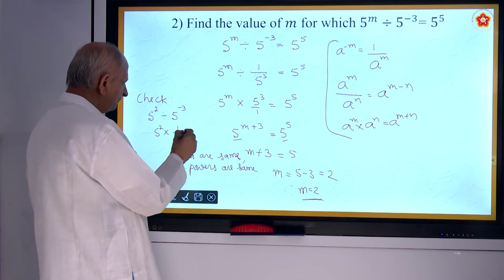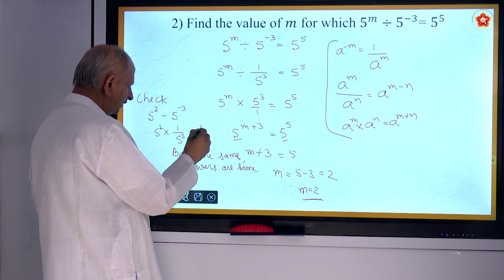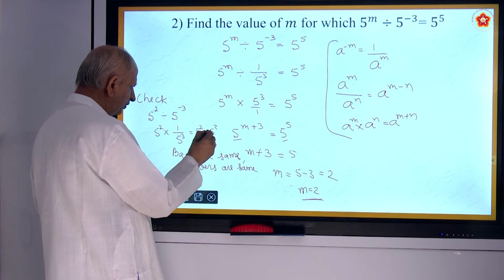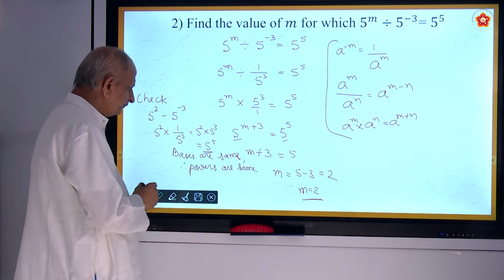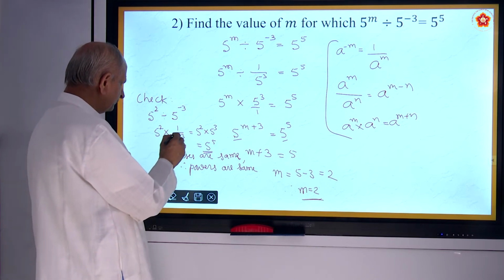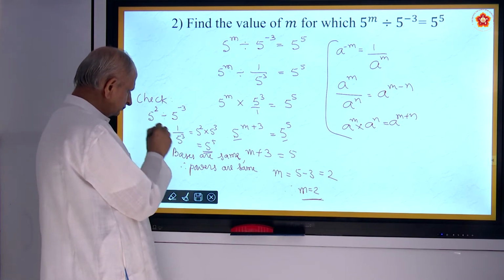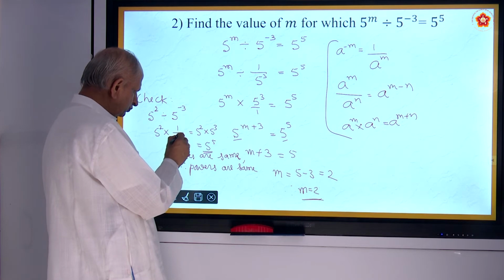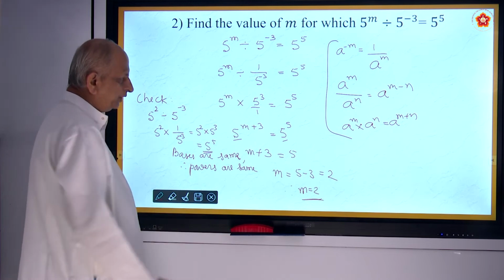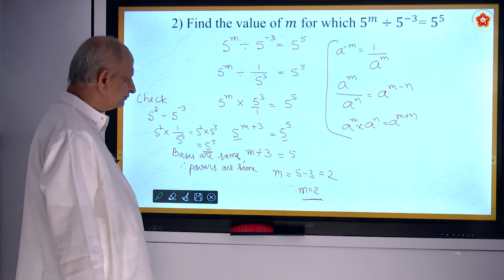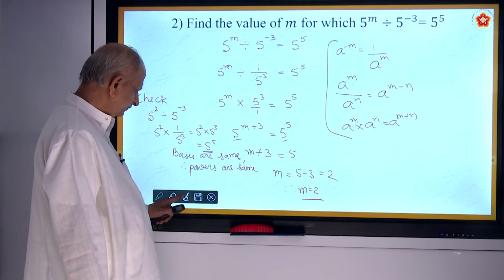And this goes up. This will be 5 square into 5 cube equal to 5 to the power of 5 it comes. Correct? So that is the answer. So answer is correct. So we will pass on to today's topic. Noted all the things?